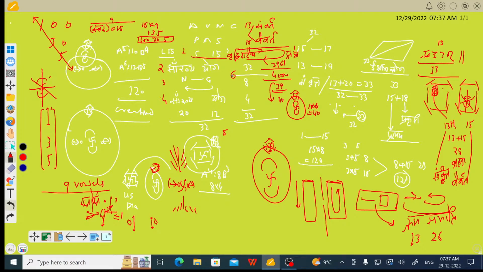Once we are here, then we are reaching at how we can have the split for 32. So split for 32 could be 1 and 31, 2 and 30, and so on, 15 and 17, and here 0 and 32, and here could be 16 and 16.